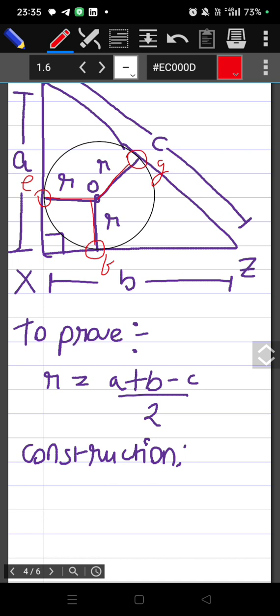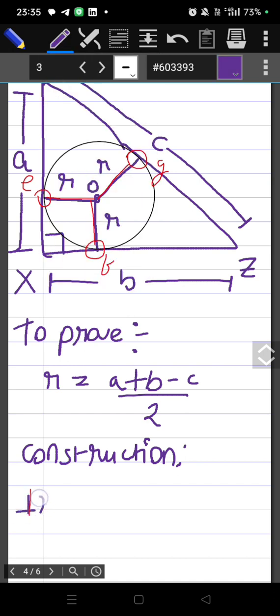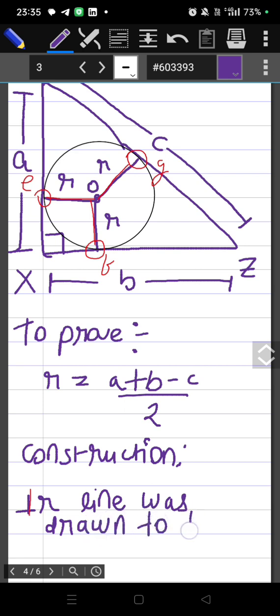So now you will be writing like this: perpendicular lines were drawn to tangents.